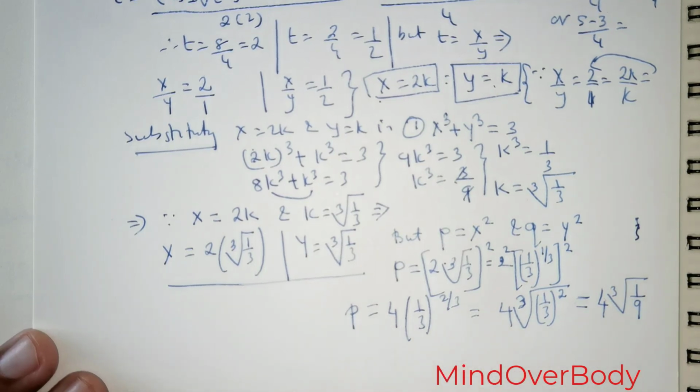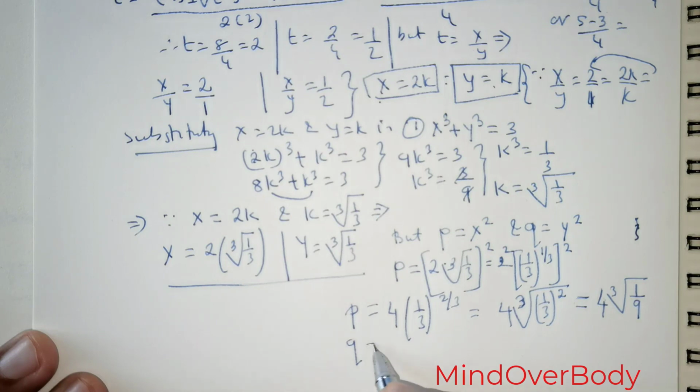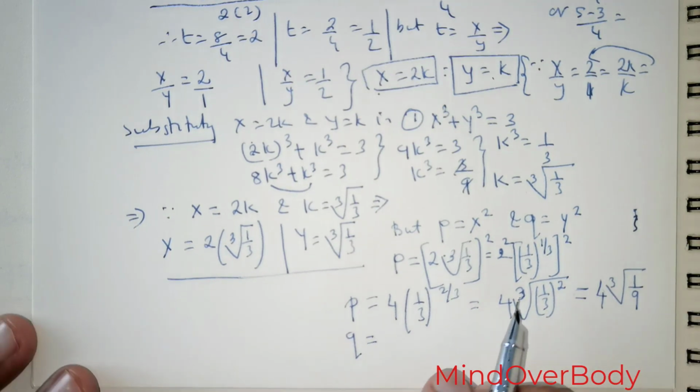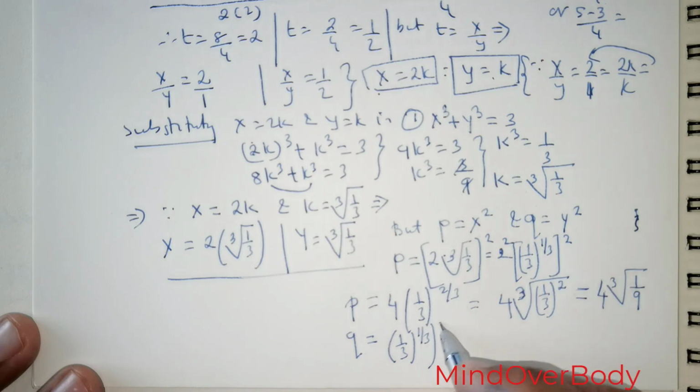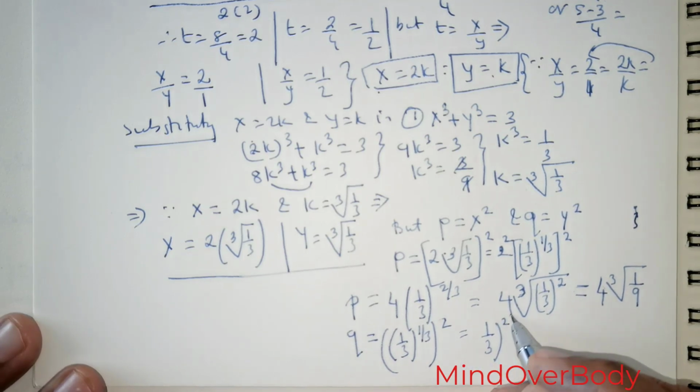Now the value of q is nothing but y squared, but my y is this. So this is going to be 1 over 3 raised to the power of 1 over 3 raised to the power of 2, which I can rewrite as 1 over 3. I can make this a square and move this 1 over 3 down there.